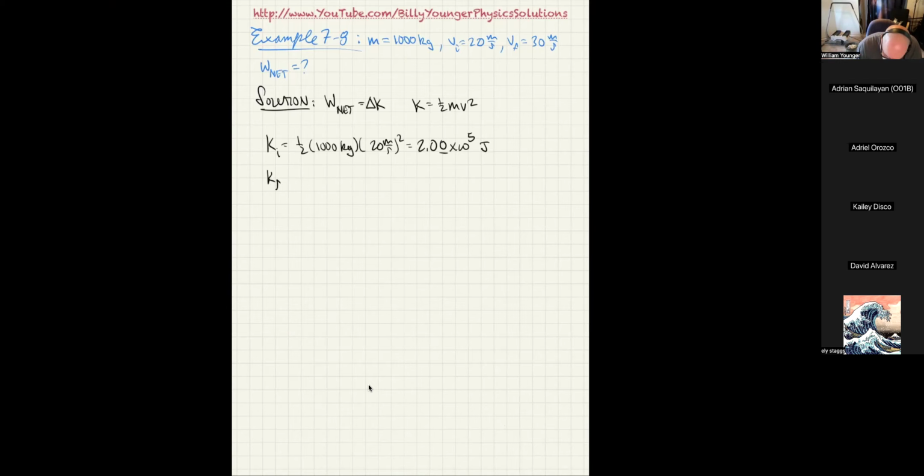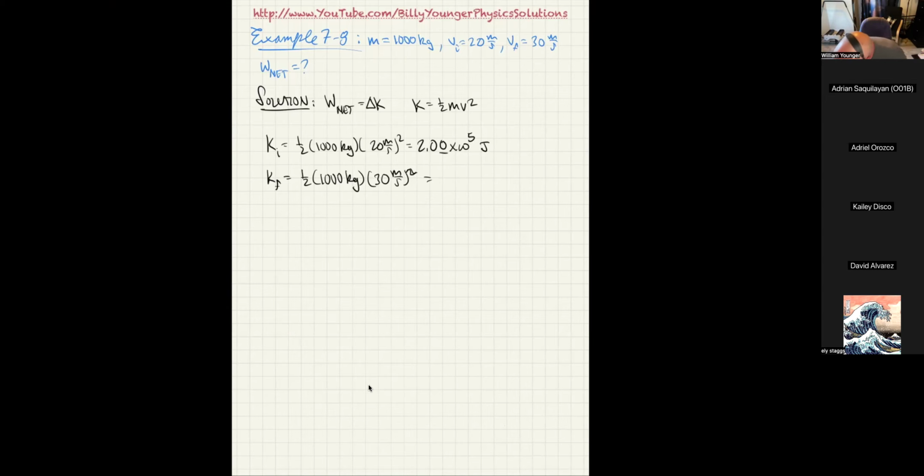So the final kinetic energy KF is 1/2 times 1,000 kilograms. This time it's at 30 meters per second, though. So the fact that we know delta K is K final minus K initial, that obviously tells us we need to calculate K final and K initial. That's why I'm doing that. And in this case, it turns out to be 0.5 times 1,000 times 30 squared.